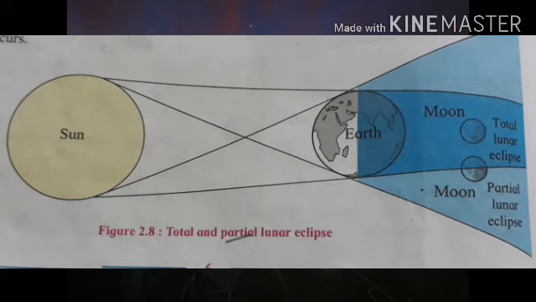These conditions are called lunar eclipse. Lunar eclipse is of two types like solar eclipse, total lunar eclipse and partial lunar eclipse.